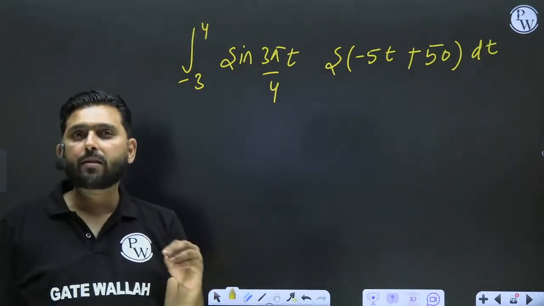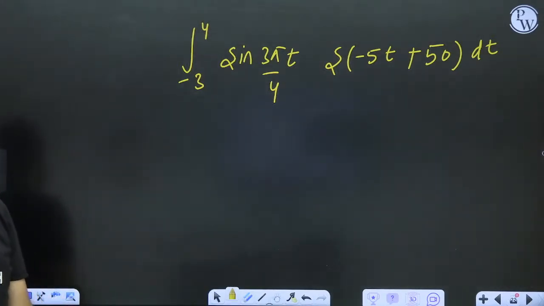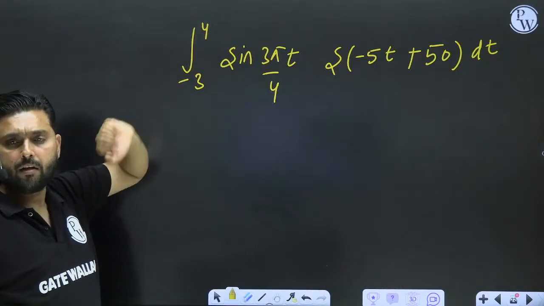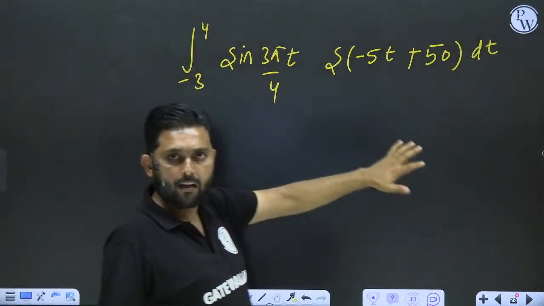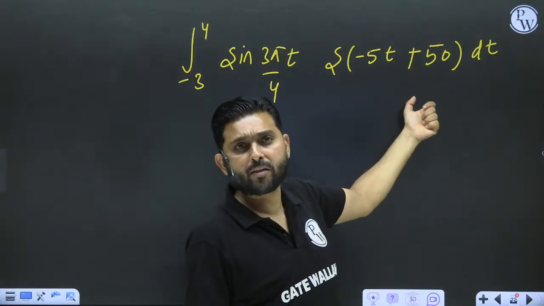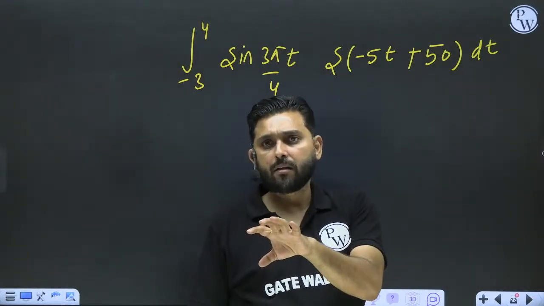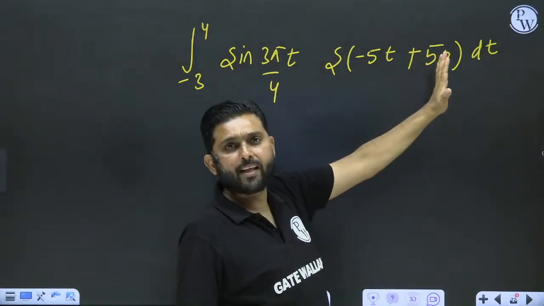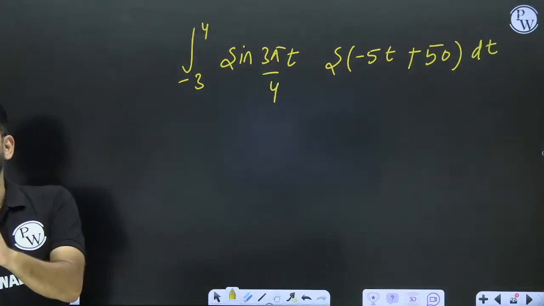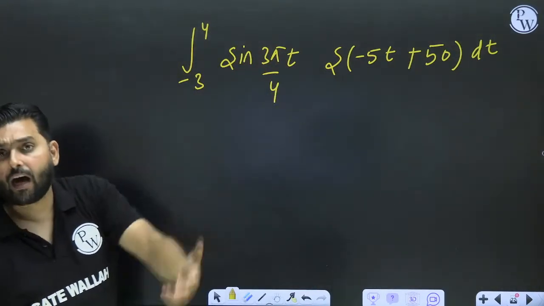Now how to handle this integral? Mind it, listen carefully. We will handle this integral by just checking the limit of this impulse function. If this impulse function exists between this limit, then only we have to consider the function, otherwise the answer is straight away 0.